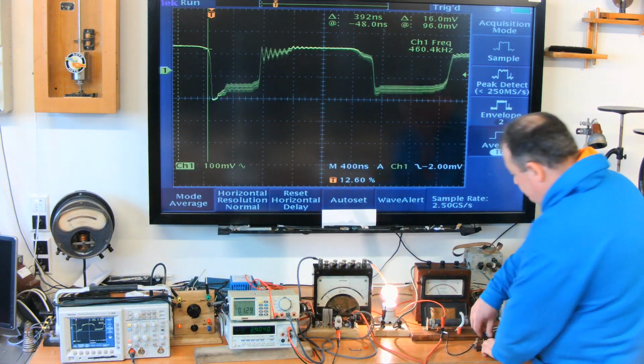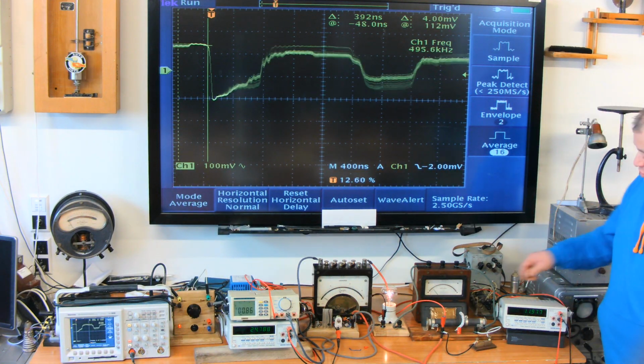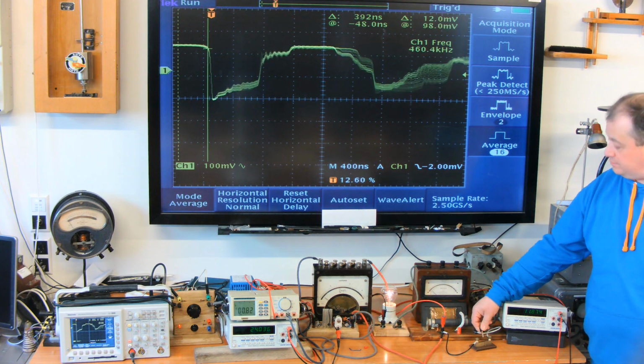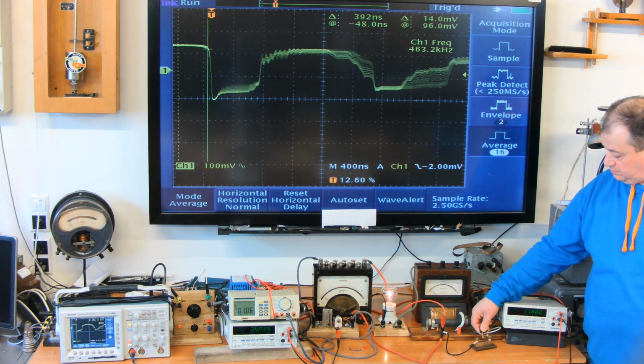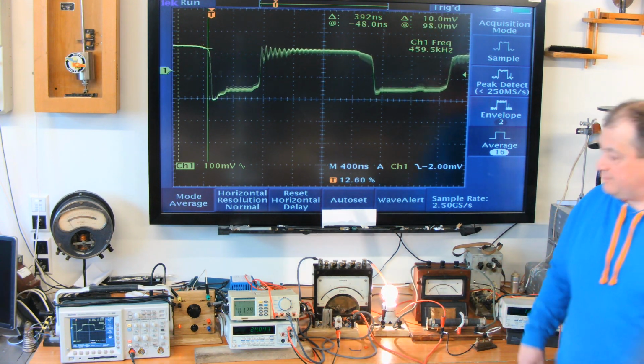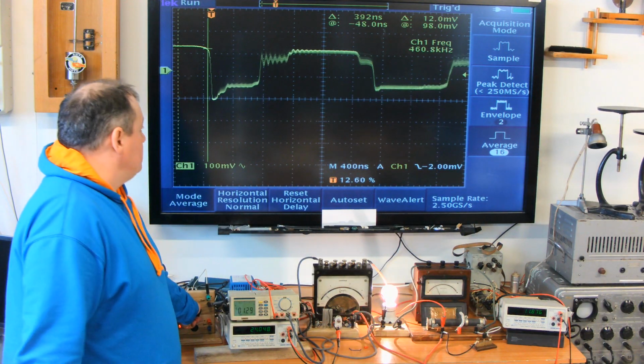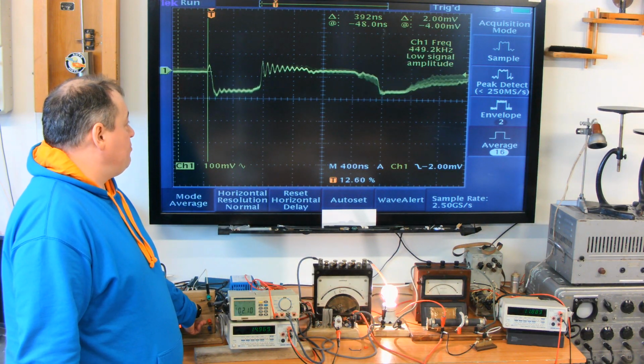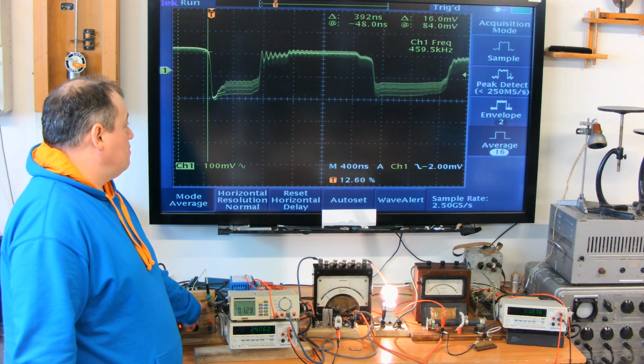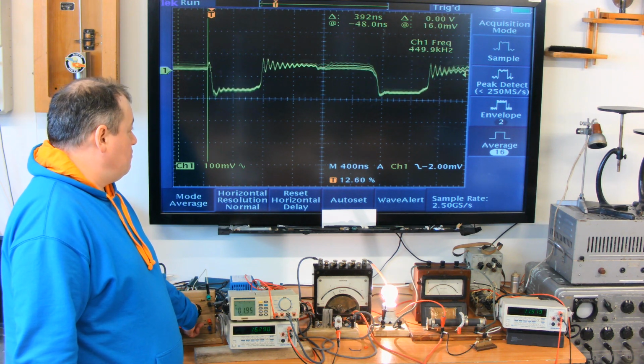Again, change of load. Change of supply voltage.